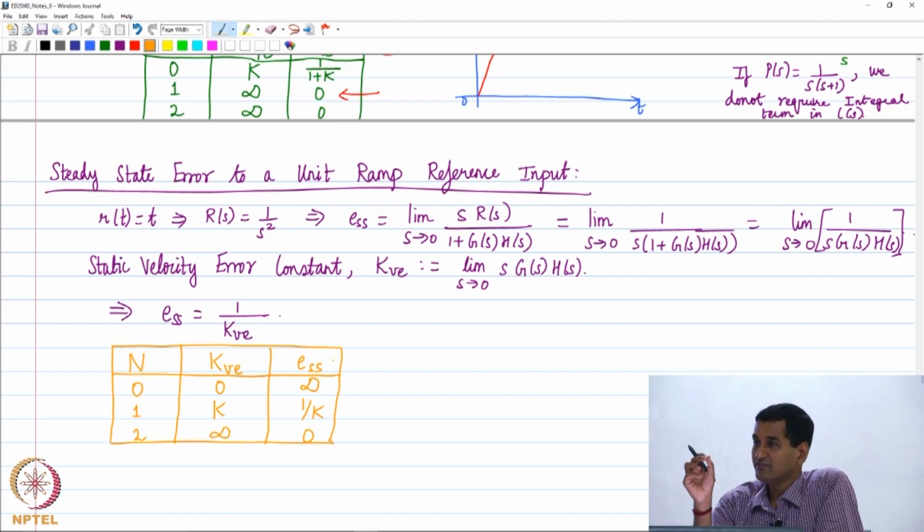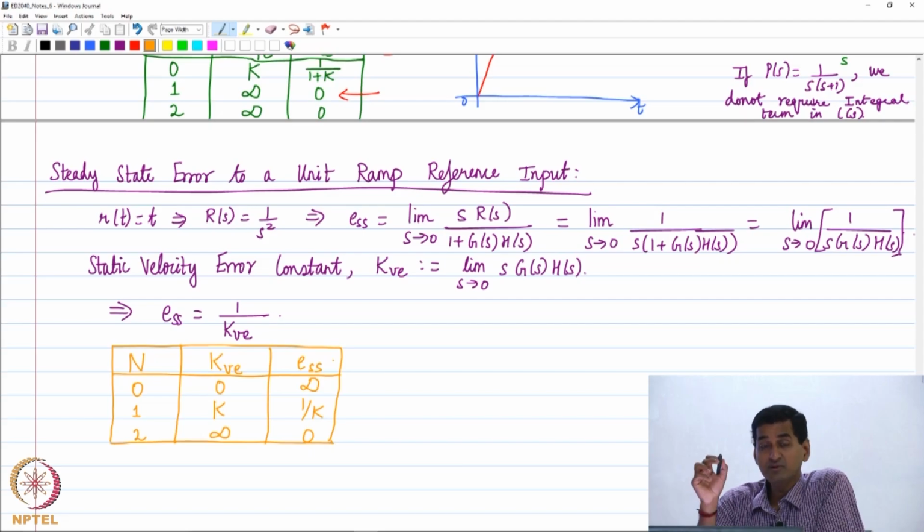But if I have a type 1 system, at least I can get reasonable tracking, with a steady state error of 1 by K, capital K. Of course, the higher the value of open loop gain, the lower will be the steady state error, but once again the same constraint comes in. If you increase capital K, there is a cost as far as the control effort is concerned. And if you have type 2 and more, theoretically you are guaranteed that the steady state error will tend to 0.